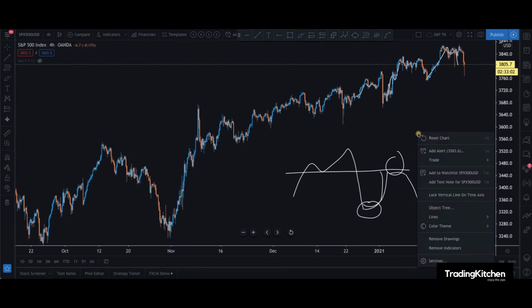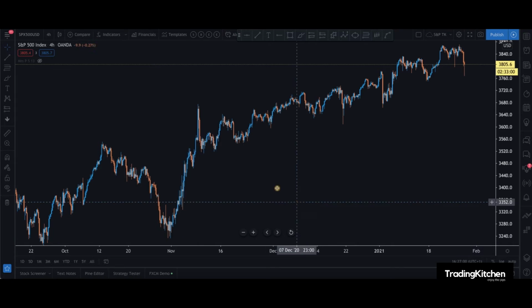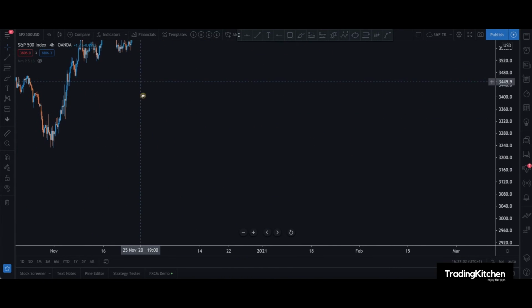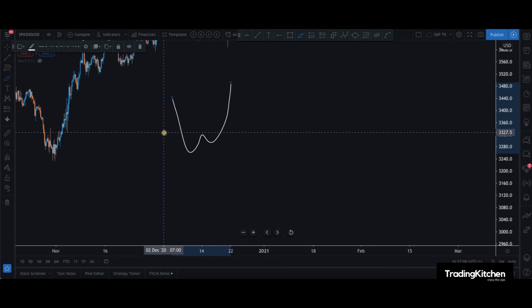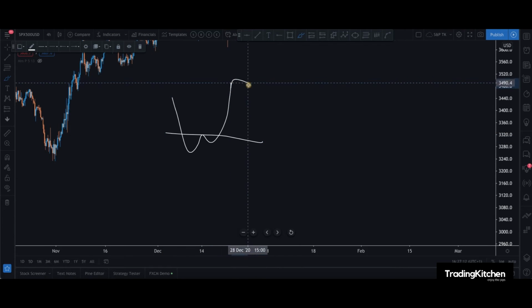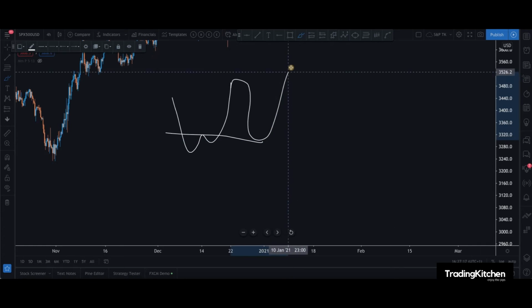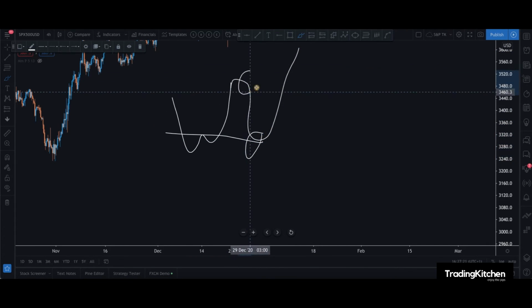Same thing for the W. For example, we have this kind of pattern. Price almost always makes this kind of movement, so trade from here and from here.